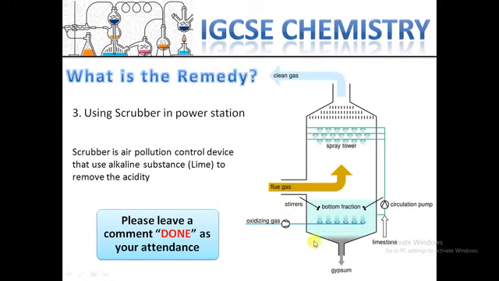So this is the function of a scrubber, which is not available in your book. I just took it from the internet to show you more details, for better visualization of this issue. This is the third way to solve the problem of acid rain.